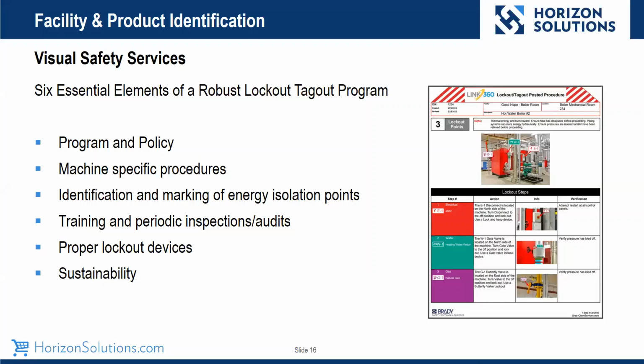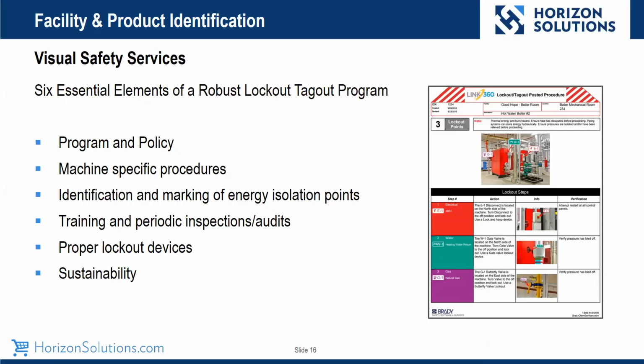You've got the picture above, it's going to point out your E1 and your W1, so your electrical, your water, and your gas energy points, and it's going to identify and mark those points. Oftentimes, customers don't have those points properly identified, and Brady and Horizon Solutions together, we look to make that a very visual process for you.